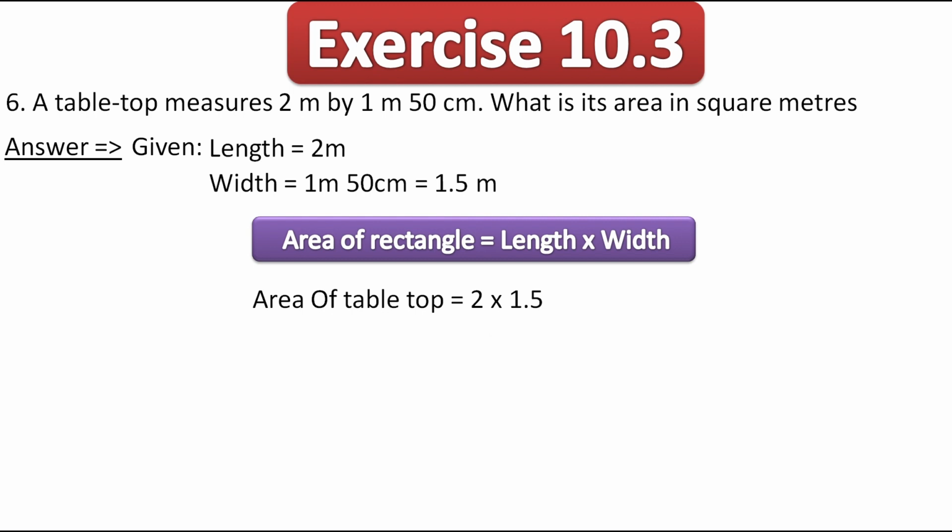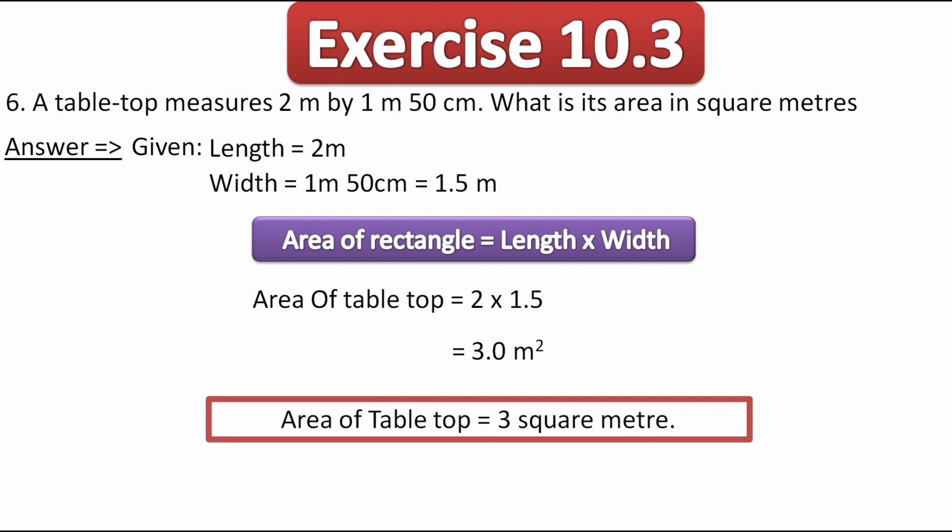Like here, if I forget that decimal point, then it will become 15. So 15 twos are 30. Now we have to put this decimal point one digit from the right side. So this will become 3.0 meters square. So the area of the tabletop is equal to 3 square meter.